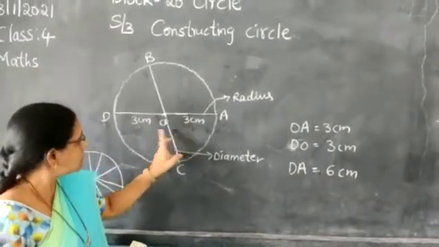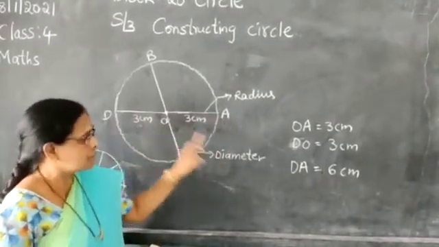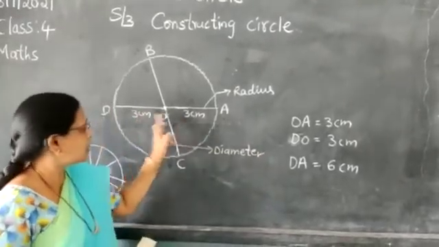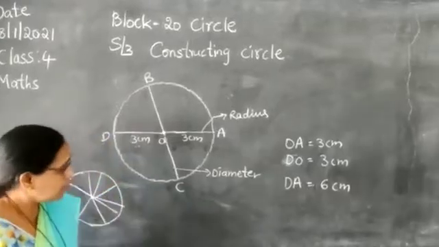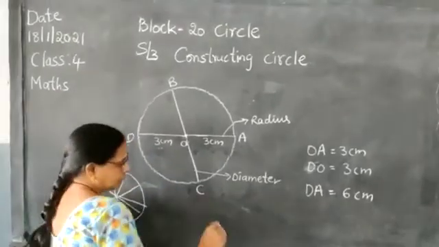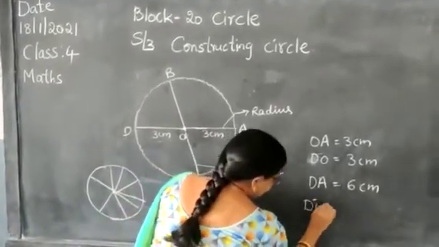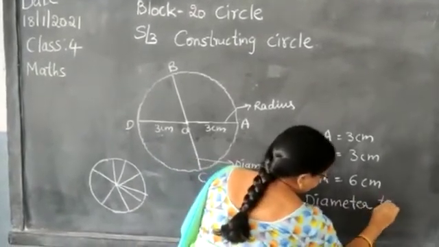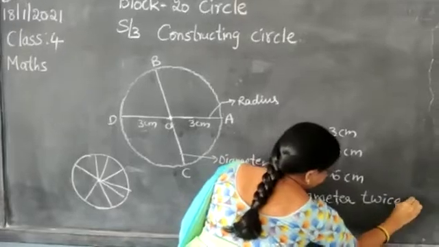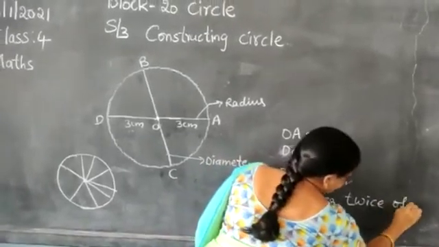I hope you understood. DA is how much? 6 centimeter. 3 centimeter plus 3 centimeter is equal to 6 centimeter. Or you can say the diameter is twice the radius.